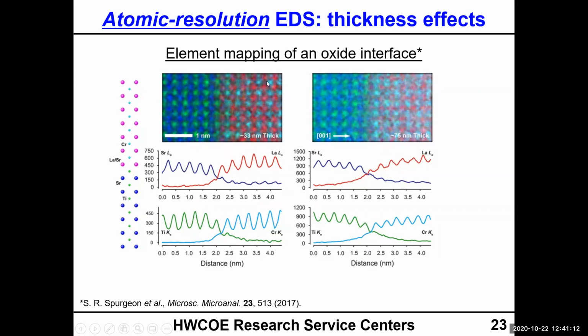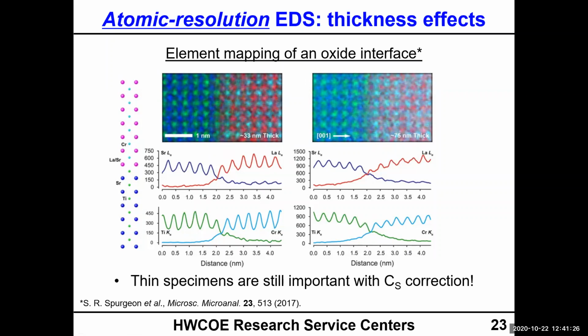One of the overarching rules of TEM is thinner samples are better, right? So you can see clearly I have an advantage of the thinner sample over the thicker sample. So sample prep is still an important role even with Cs correction. But even in a thicker sample, you can still get atomic resolution EDS mapping.